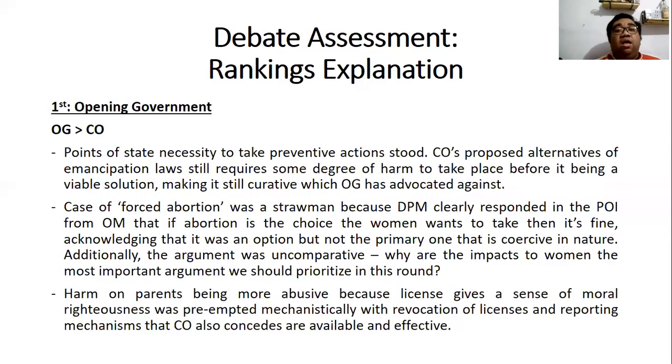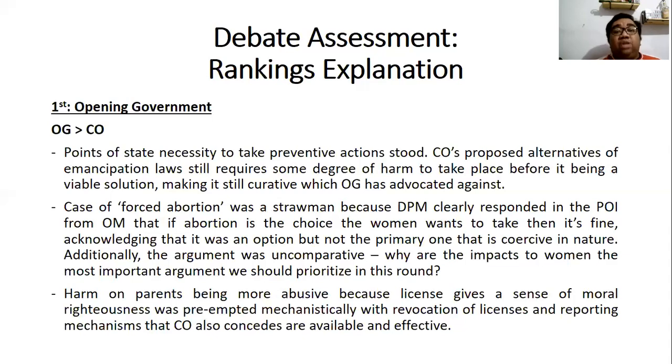And so the proposed alternative coming from closing opposition is still curative in nature. And opening government's entire case was talking about how curative measures have simply been insufficient in addressing child abuse and all of the injuries and harms that they have experienced in the status quo.